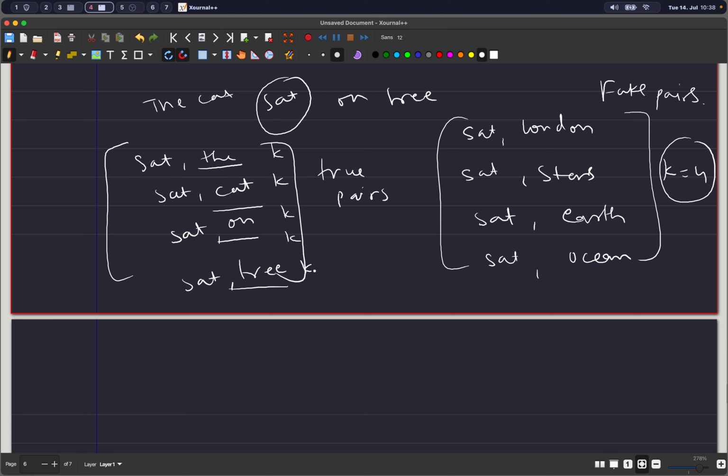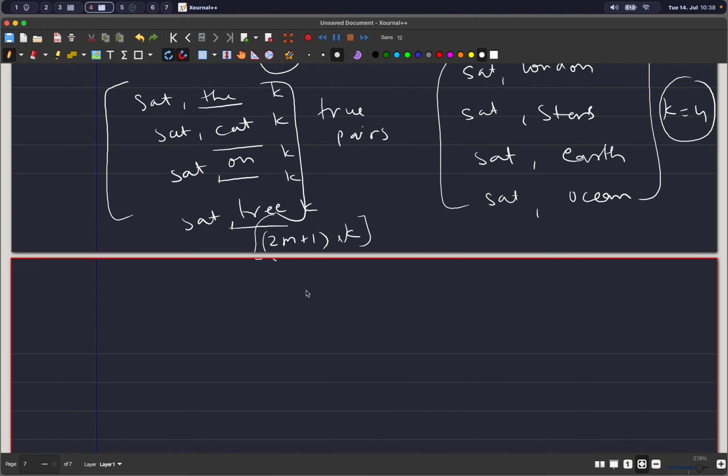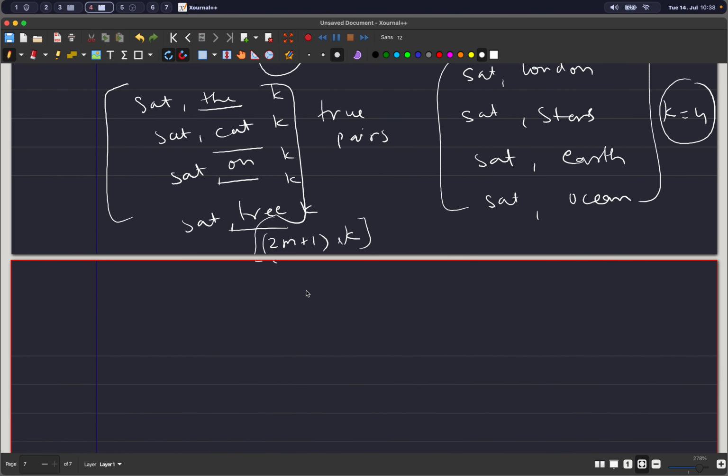Suppose you will have 2m plus 1 true pairs, and for each of them you will be sampling k. So there will be around 2m plus 1 times k pairs that we will need to look at instead of the entire vocab. We'll go to the exact numbers and details. In the earlier case, when calculating the probability, you had to go through each word belonging to the vocab, which can be, let's say, a billion.